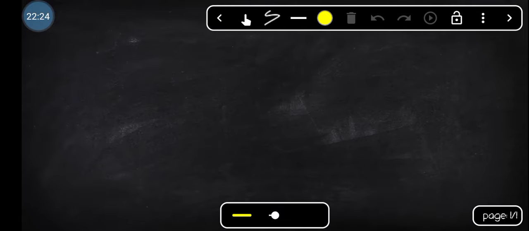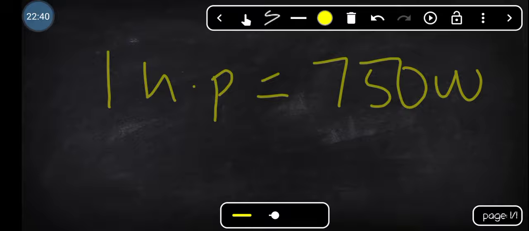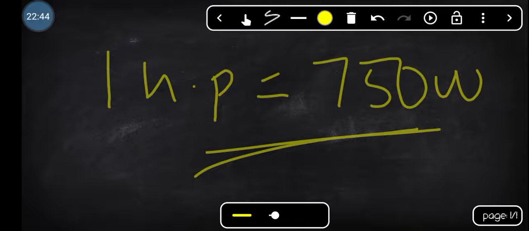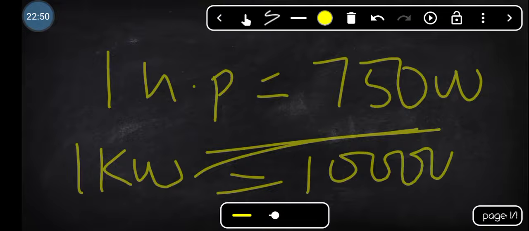It was discovered that we also have another unit called horsepower. So if you are given horsepower, just know this conversion: 1 horsepower is equal to 750 watts. And 1 kilowatt equals 1000 watts.